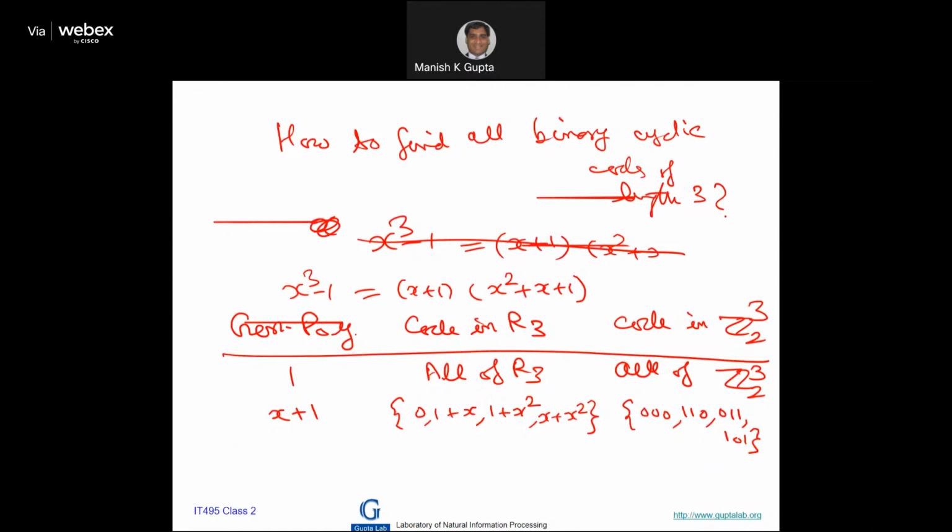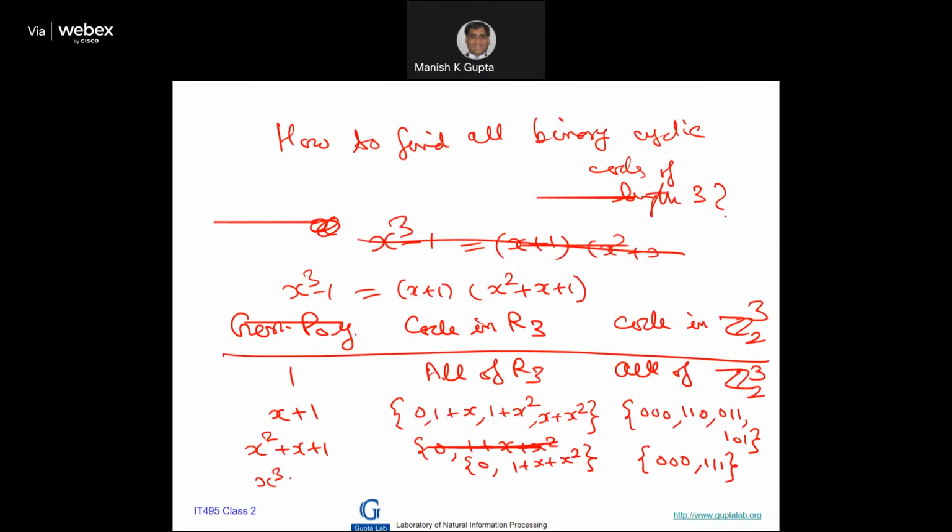The next case, when we take x square plus x plus 1, this will give us 0, 1 plus x square. And this is nothing but, in case of binary, 0, 0, 0, 1, 1, 1. Your friend, repetition code, right? The one which we started with.